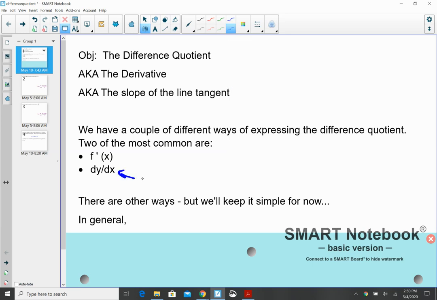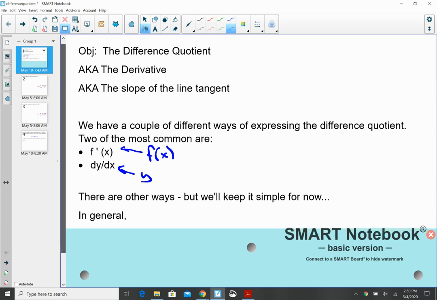Now, we have dy dx if the function expressed is in terms of y. It's going to be f prime if the function is expressed in terms of f of x. In order to keep things simple, I'm going to stick with f of x right now. So f prime is going to be the difference quotient, which is also the derivative.